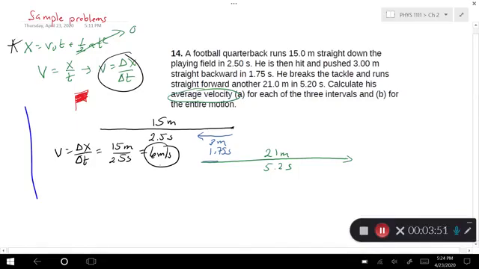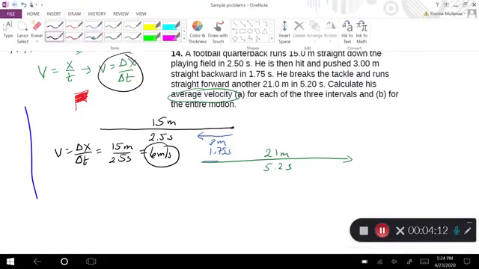So my change in displacement is 15 meters over 2.5 seconds. I plug that in, and I'm going to get a velocity equal to 6 meters per second. So that's my velocity in the black area. I kept units and so forth, you can see where the meters per second is. If you notice, I'm not really a stickler on sig figs.